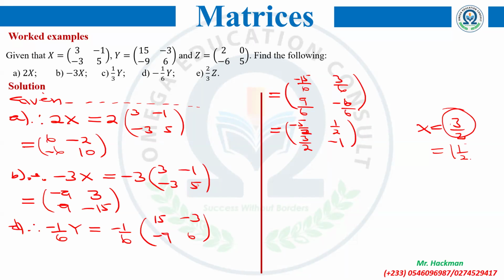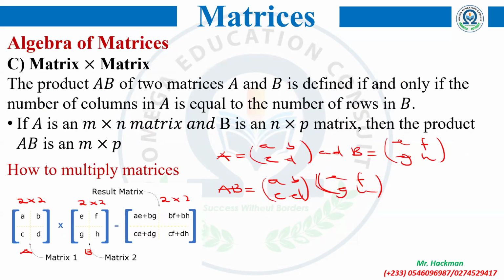Yes, please. Okay, so that was a nice way to correct what you have there. All right, so thank you very much. So I guess we are all fine at this point. On this note, this will take us to algebra of matrices, the last aspect of algebra, which will be matrix times a matrix, and that is a little technical.